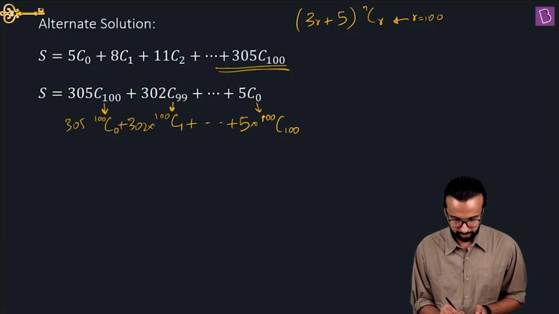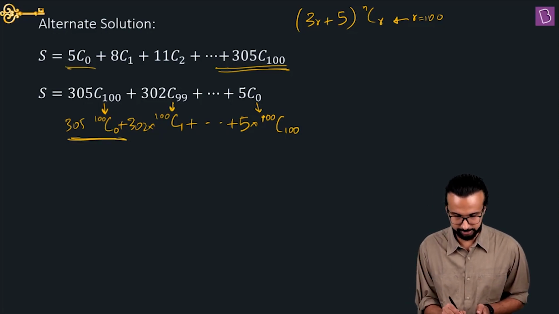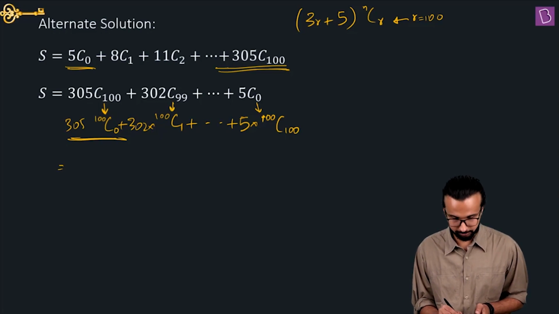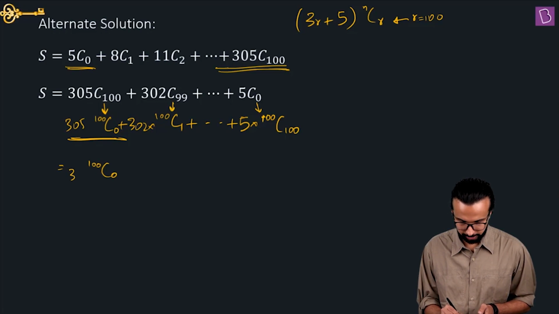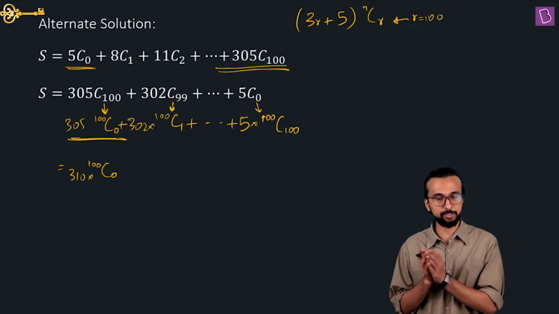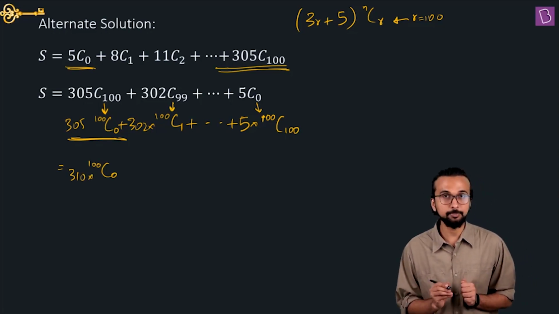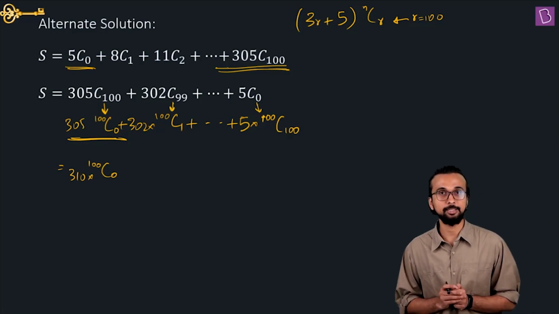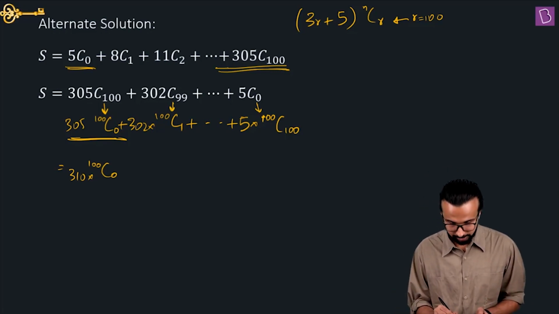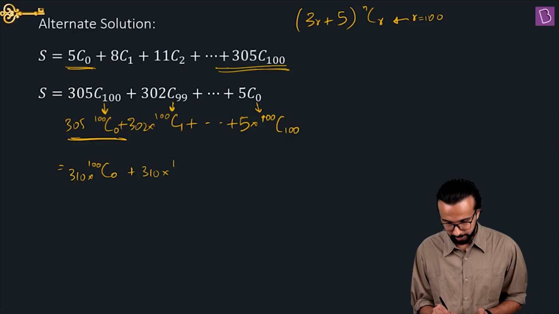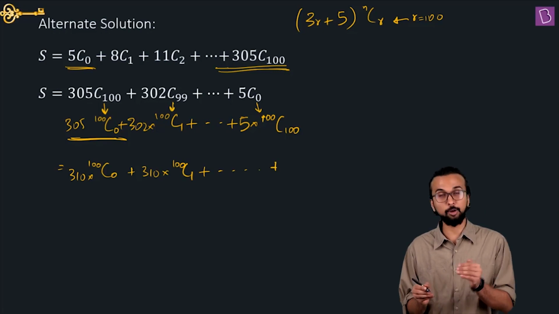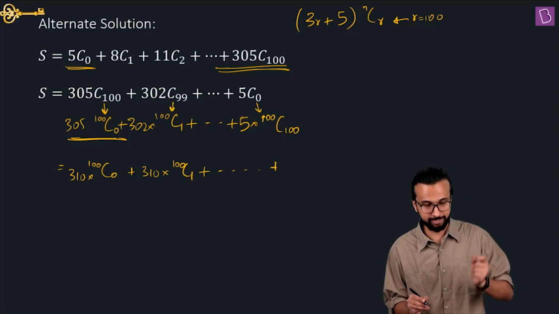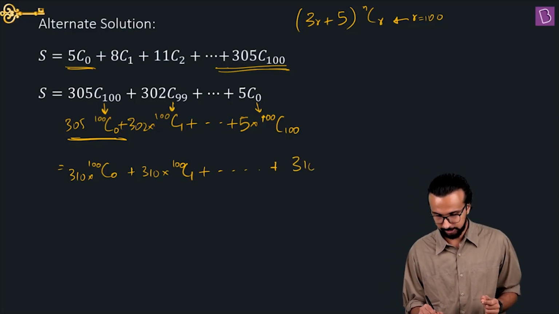This sum is what I'm adding: 100C0 into 305 plus 100C0 into 5 becomes 100C0 into 310, 305 plus 5. The same happens for the next term: 302 plus 8 into 100C1 becomes 310 into 100C1. This goes on. Notice that the sum will always be 310, even for the last term, it becomes 310 into 100C100.